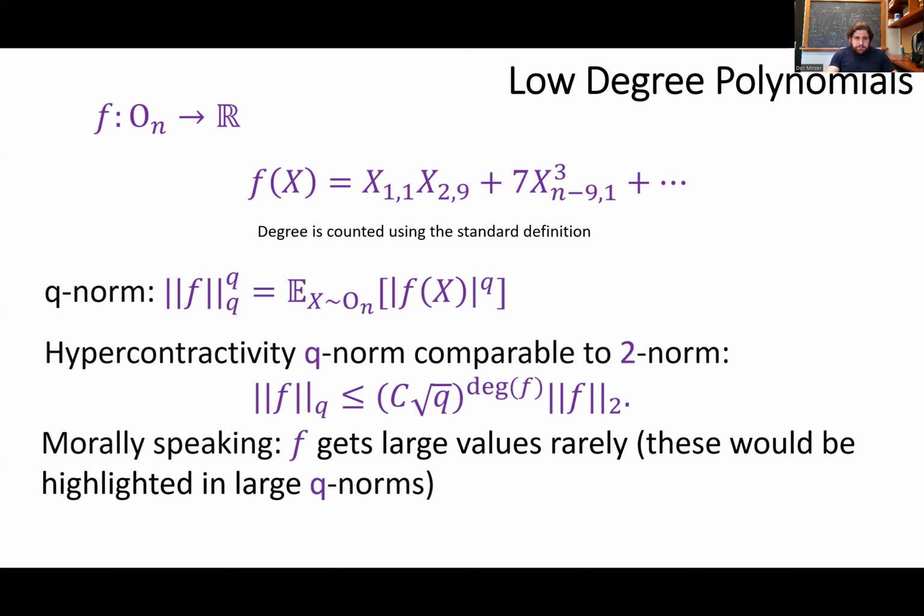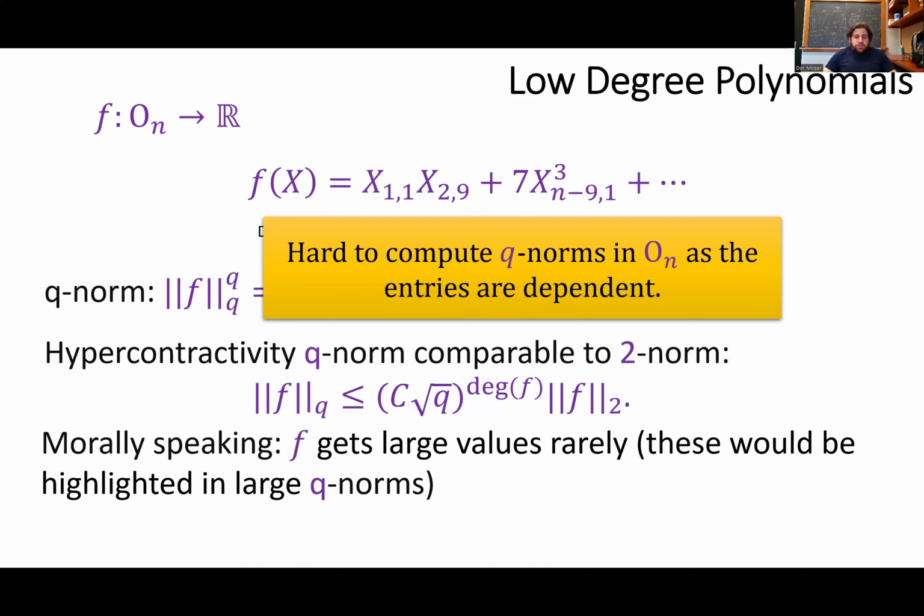So what's the issue here? Well, hypercontractivity is known for a whole bunch of spaces, and you can try to establish it in several ways. But none of them, as far as we know, works in the case of O(N), because O(N) is not a product space.